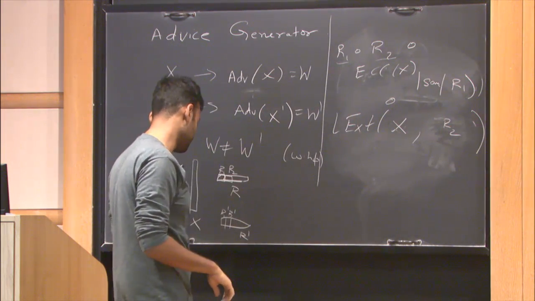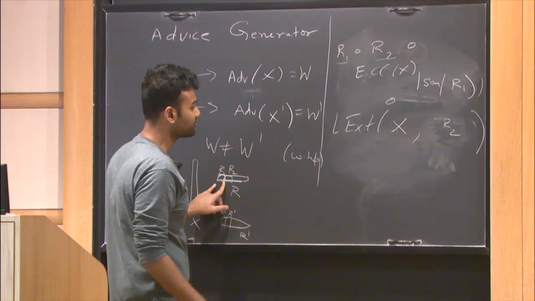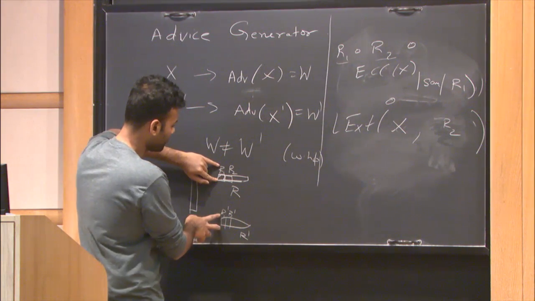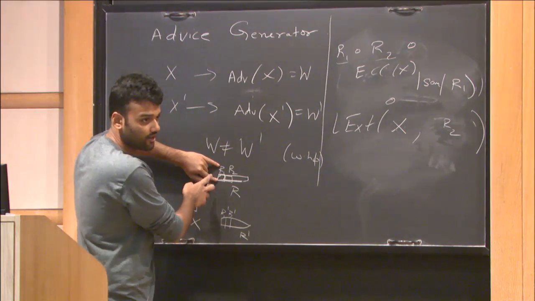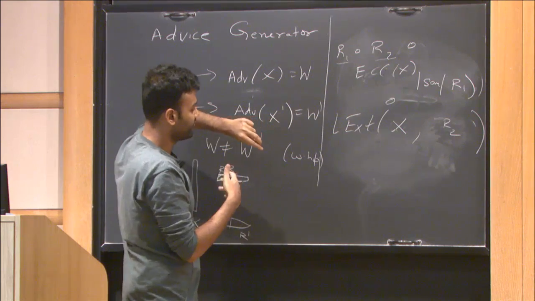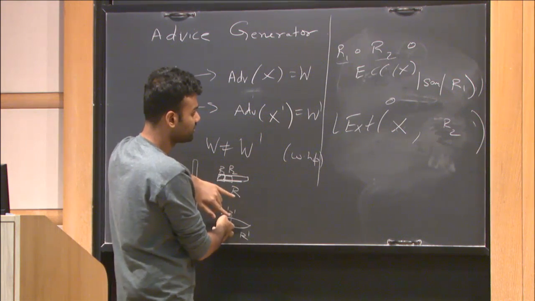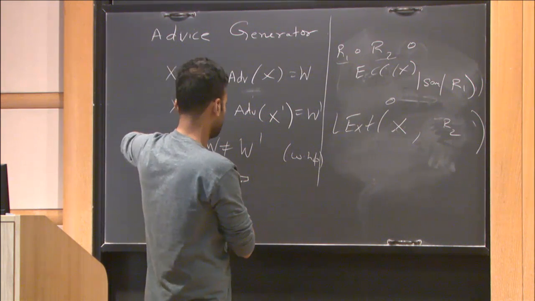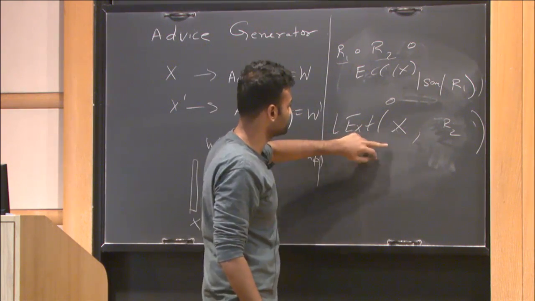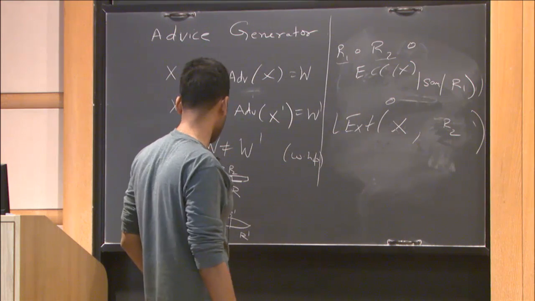So the intuition is this: if r prime does not steal too much entropy from r1, then this should hold, and in the other case, this should hold.